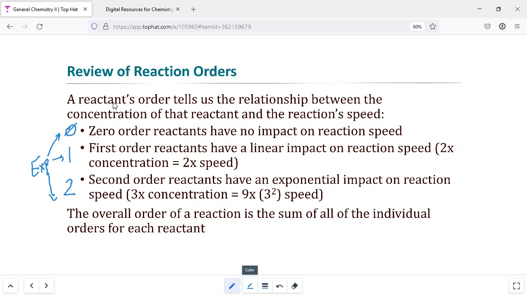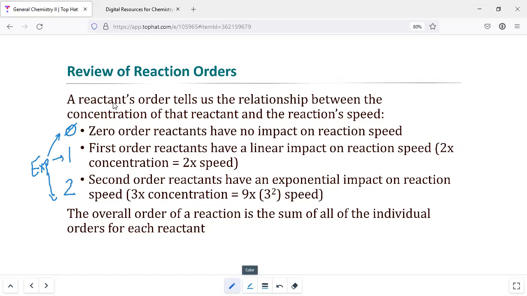So each individual reactant is going to have its own reaction order. And again, usually it's 0, 1, or 2. To discuss the overall order of the reaction, I need to add together all of those exponents in the rate law. So if I have a rate law that says reactant A is first order and reactant B is second order, the overall order would be first plus second, third order overall.